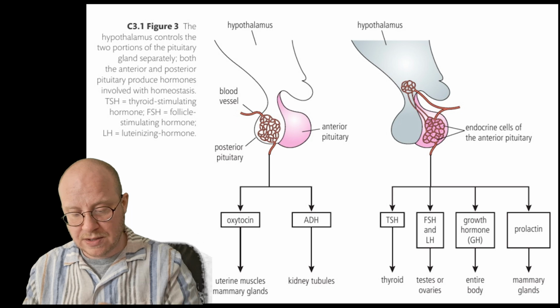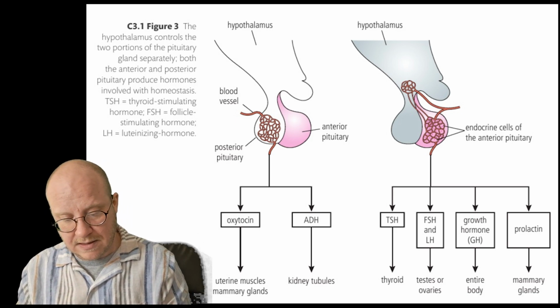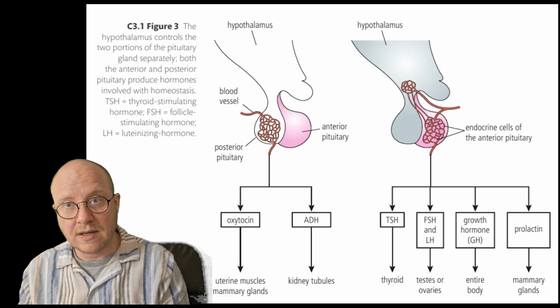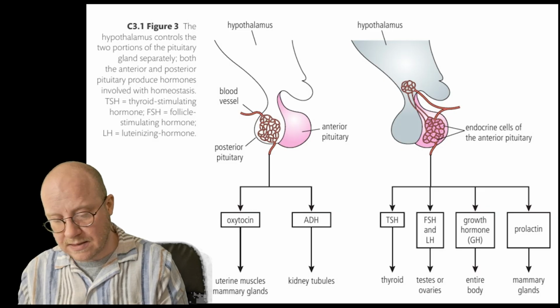Okay, ADH targets the kidneys, and then let's see what else we got here. TSH targets the thyroid, FSH and LH, the testes and ovaries. Growth hormone, it's the entire body. Prolactin, it's the mammary glands.